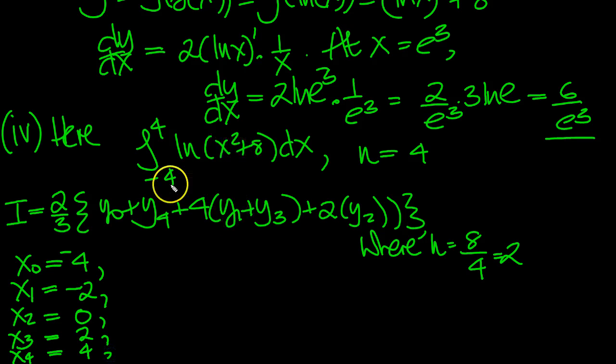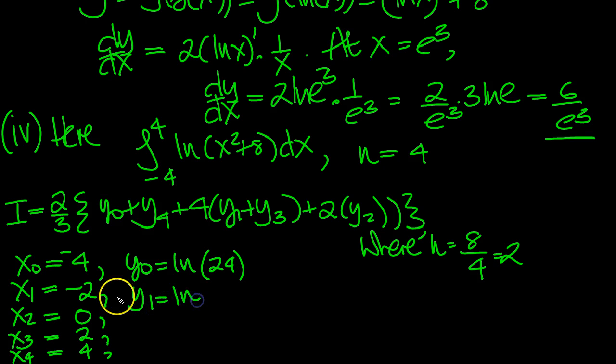Now we need the y's. So y0 is ln of x squared plus 8, which is ln of 16 plus 8, which is ln 24. And y1 is equal to ln of 2 squared, which is 4, plus 8, which is ln 12. And then y2, 0 squared is 0 plus 8, is ln 8.